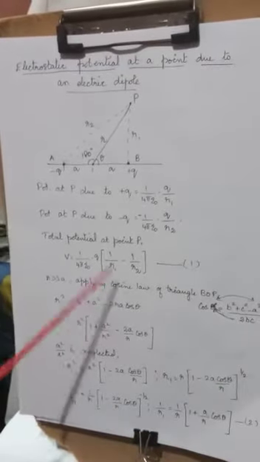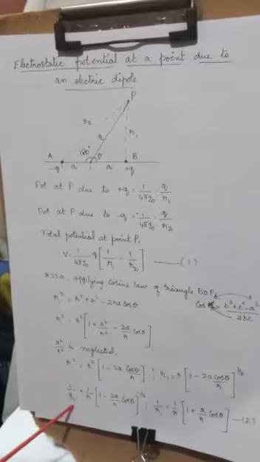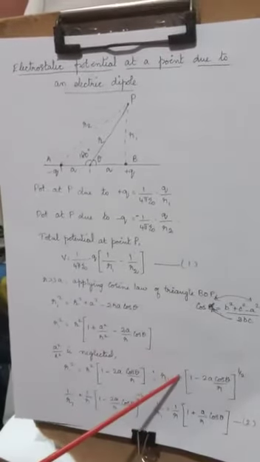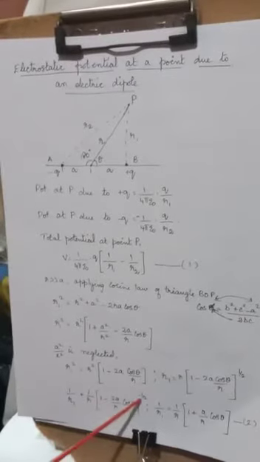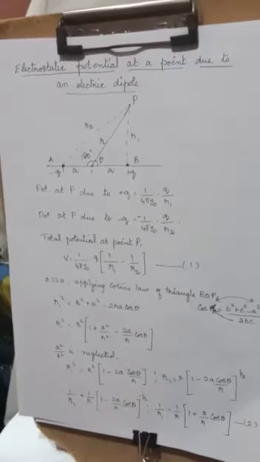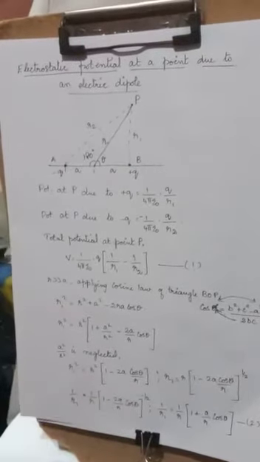But I need here 1 by r1, so I write it as 1 by r, and the whole term with power minus 1 by 2, and apply the binomial theorem to this.